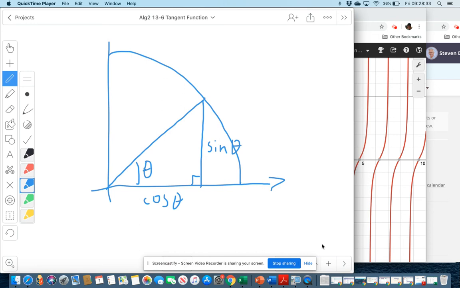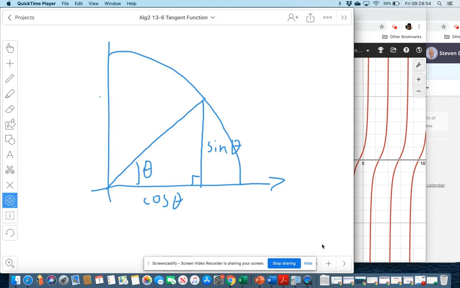It's going to be 1 if the angle is pi over 4. Good test question. And then undefined, in fact, a vertical line, if we go to pi over 2 up at the top here. Okay, up here, if I drew the angle up to there, it would have an undefined slope.